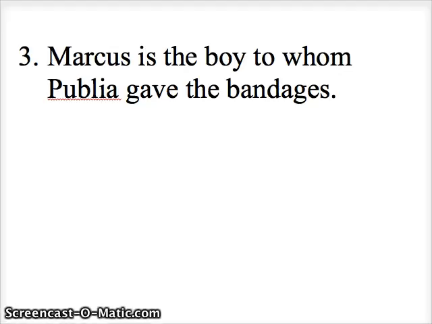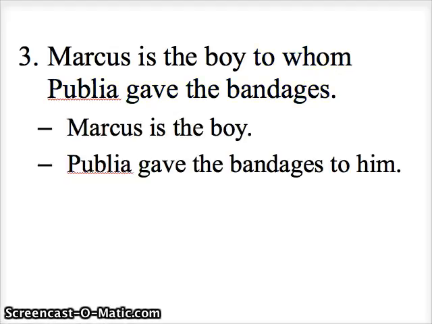How about this one? Marcus is the boy to whom Publia gave the bandages. Break this sentence into two components. Marcus is the boy. Publia gave the bandages to him.